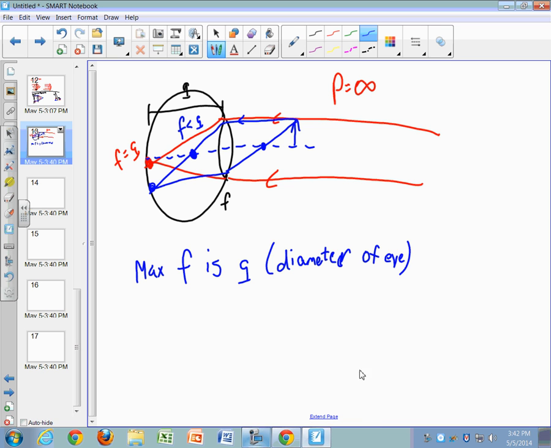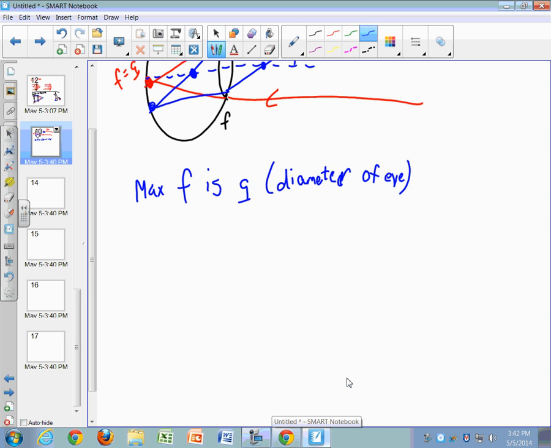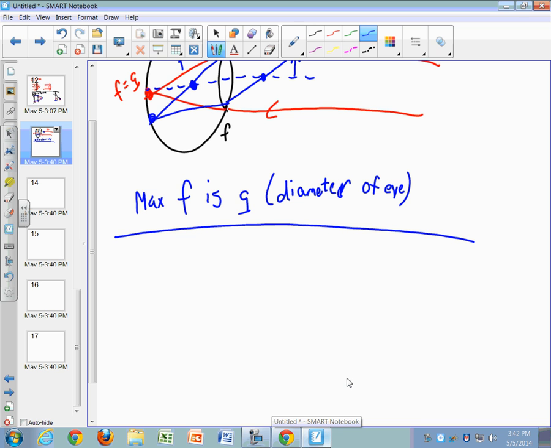All right. Now cameras are a little bit different. Not quite as clever, because instead of changing the focal length, you change the image distance. So for a camera, the focal length is fixed. So my focal length is here. If I'm looking at something far away, where the light rays come in here, I move the film right here so that the light rays will focus on the film. But if I'm looking at something nearby, like right here, my image is going to form back here.